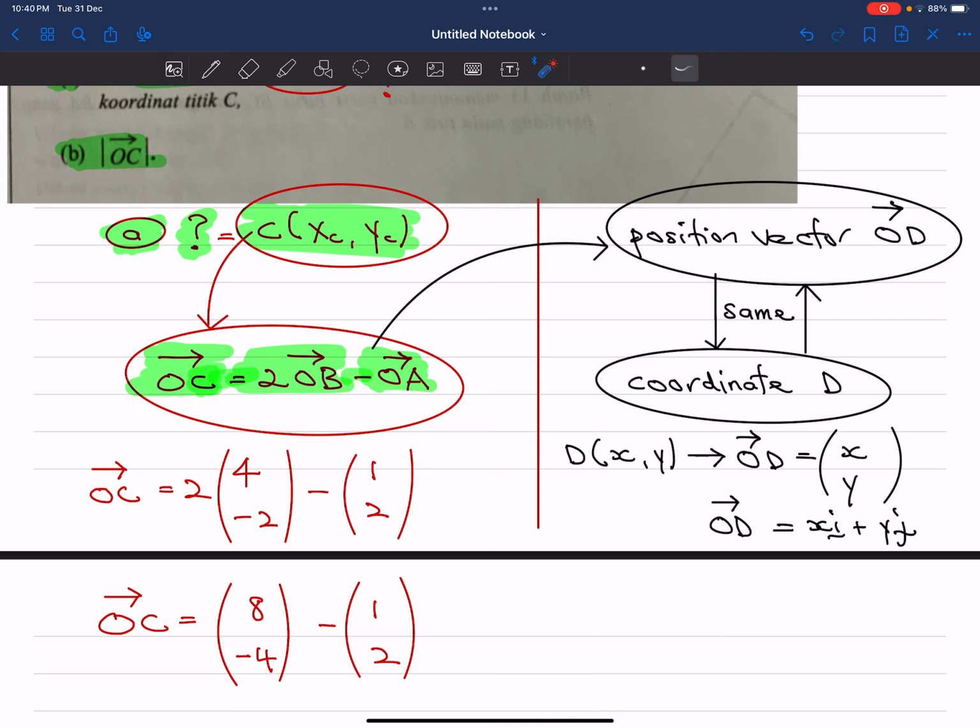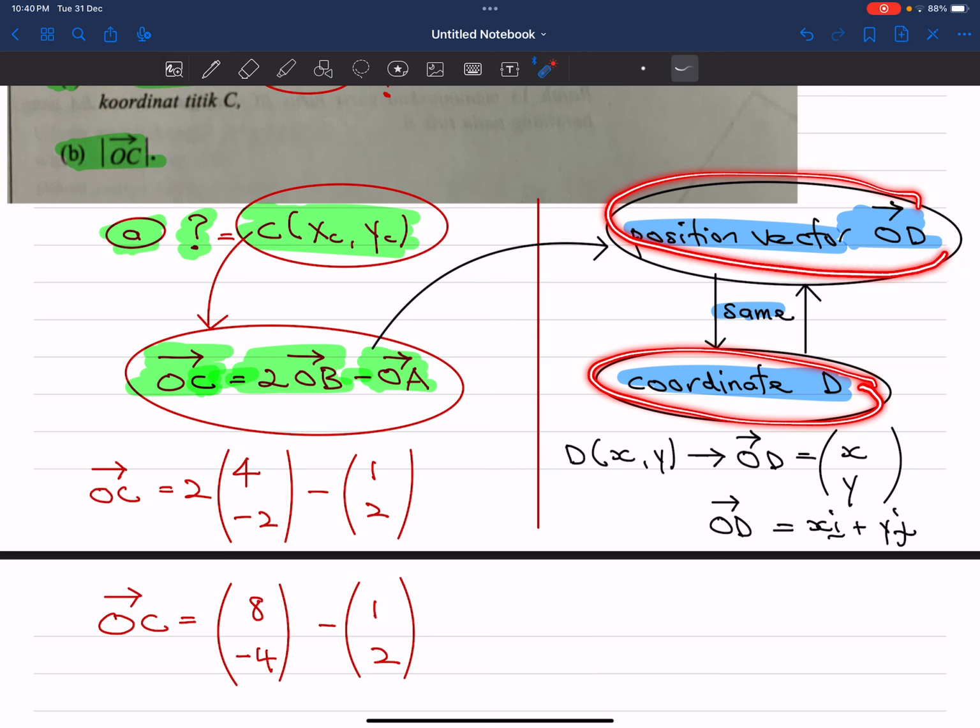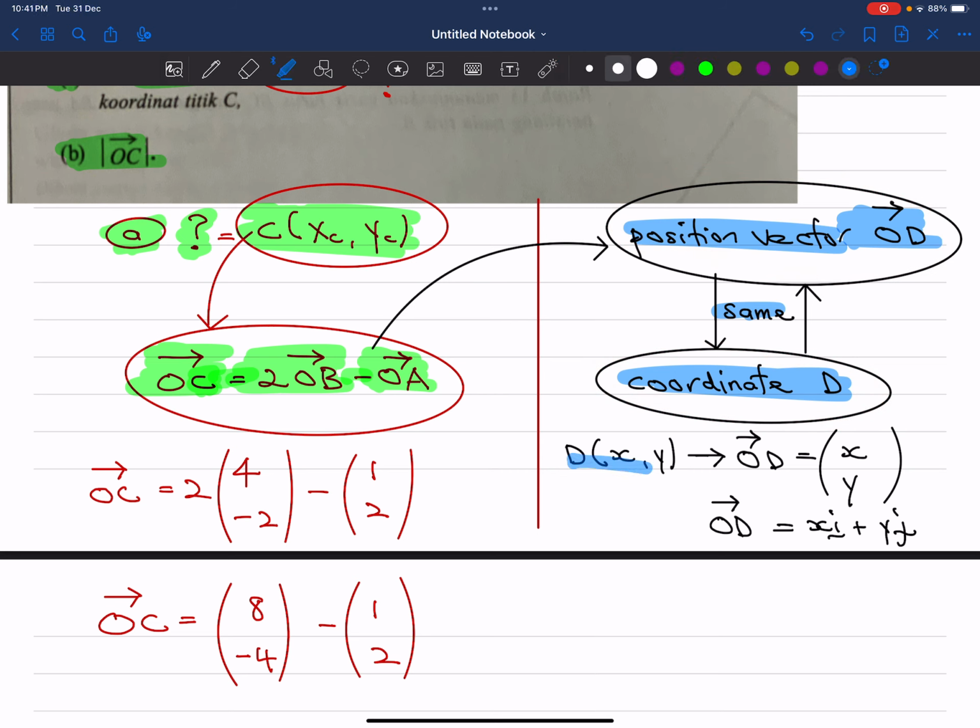a position vector OD is the same as the coordinate D. So, if you have a position vector OD, we can get the coordinate D, and vice versa. If you have coordinate D, we can get the position vector OD. Example, let us say D has coordinate (x, y).